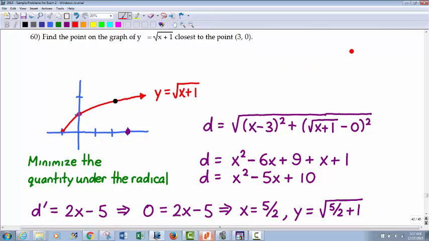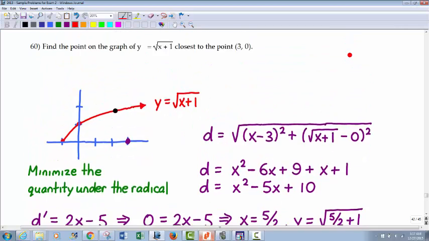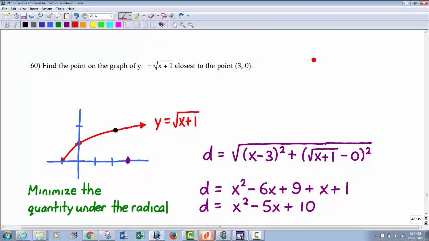Now, distance formula. And there's examples of these in my notes for sure. Basically using the distance formula, x2 minus x1 squared plus y2 minus y1 squared. So essentially, here's what's happening.